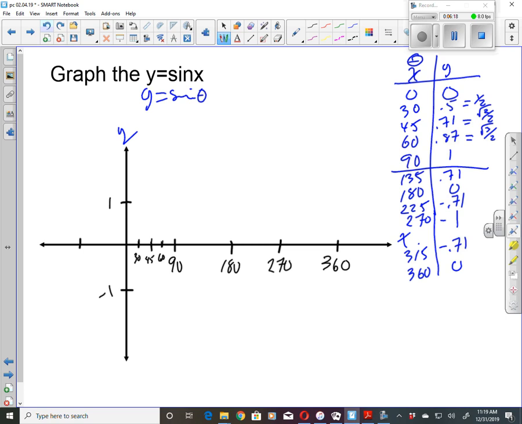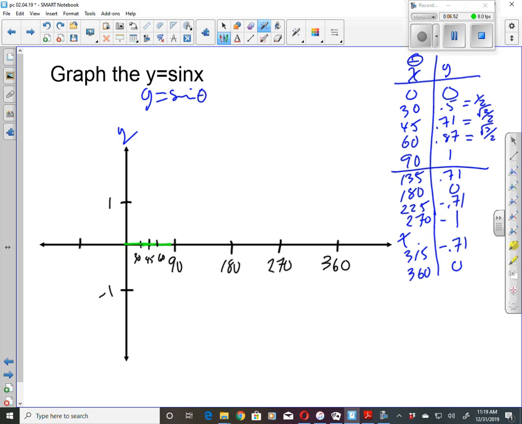Now, in reality, these are not in the middle right here. So I'm going to delete that just so that you can see that yes, 45 is in the middle, but 30 and 60 are going to be closer to 45. They split this up into 3 equal sections right there.